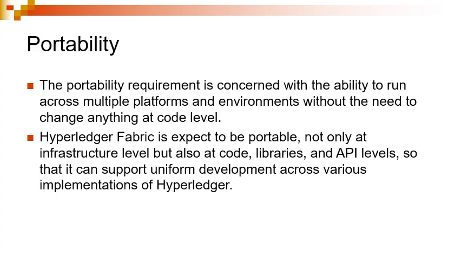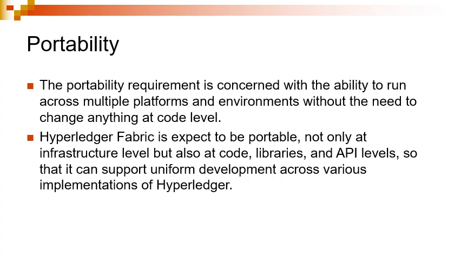Portability. The code should be portable. We should be able to port our code to any kind of platform, any kind of environment, any kind of node. So the portability requirement is concerned with the ability to run across multiple platforms and environments without the need to change anything at code level.